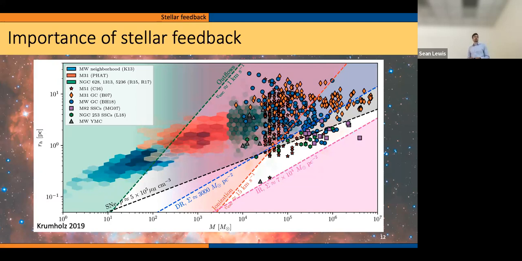And so the main point I want to make here is there's a couple of lines that we just mentioned. The ionization, the red dotted line, the direct radiation, radiation pressure, and supernovae, all those up and to the left regions. So a significant portion of the observed clouds are affected by these types of feedback.